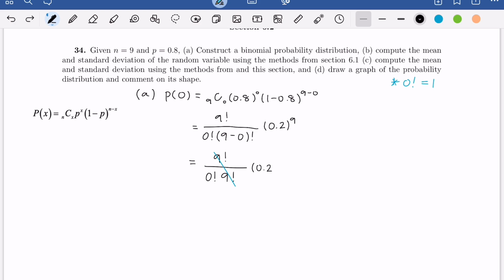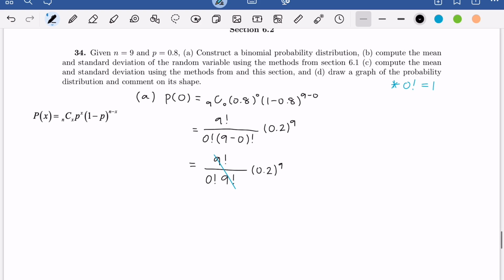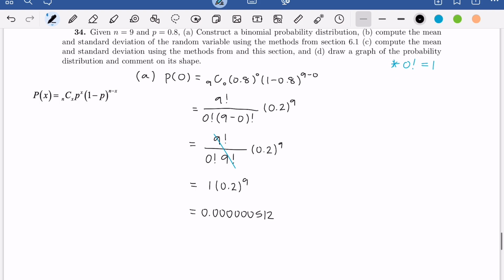We still have 0.2 raised to the 9th power. We end up with 1 times 0.2 raised to the 9th power, which if we put into our calculator, we get 0.000000512. Now we're going to repeat this process for every single value of x, for every possibility of success here.